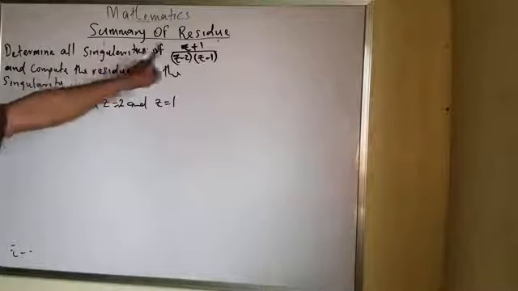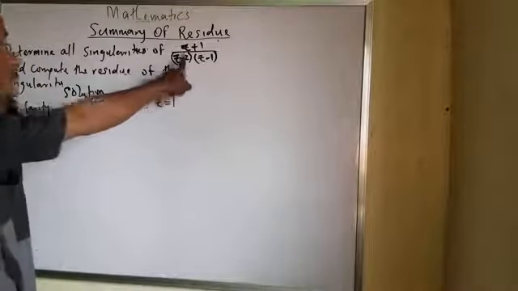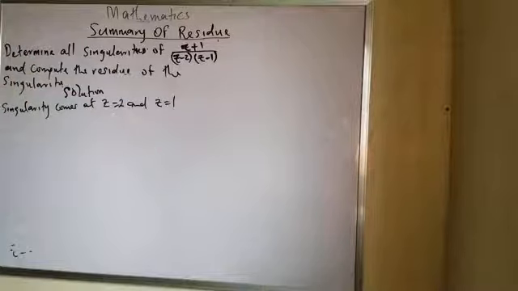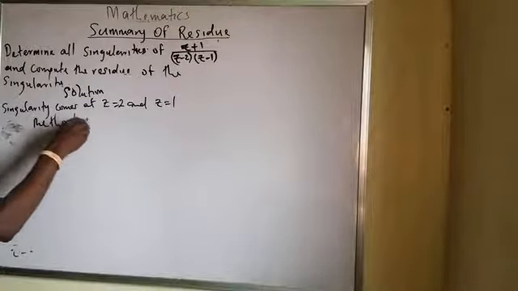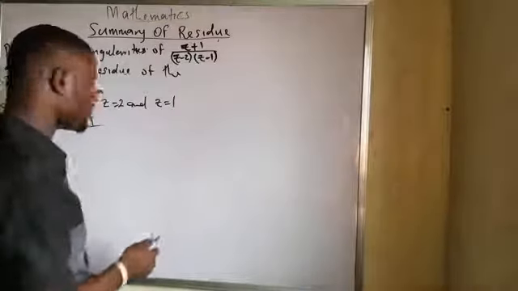The root of each factor will give me the singularity. We all know that this is method 2. This time around, I've used method 1, I've used method 3, and now method 2.